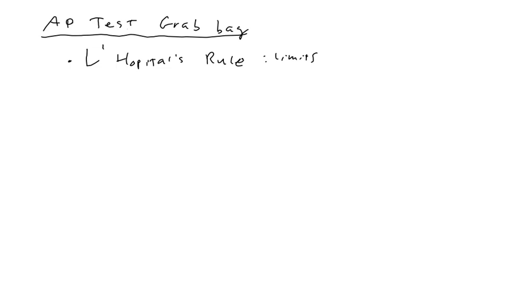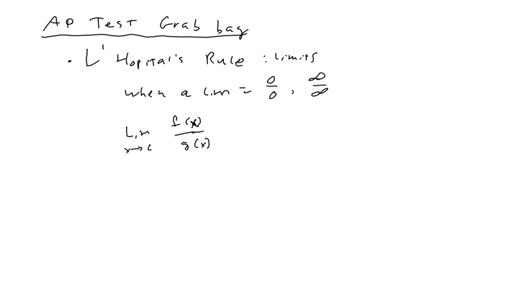So basically, when a limit equals 0 over 0 or infinity over infinity, you can use this rule. The limit as x approaches some value c of f of x over g of x, so you have a limit of two functions dividing each other.